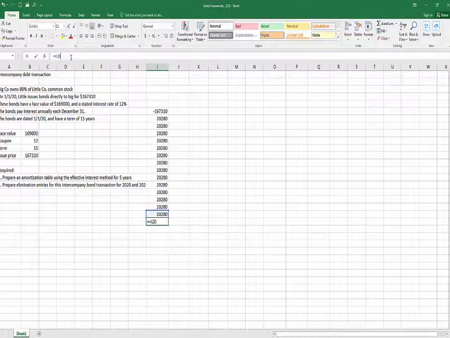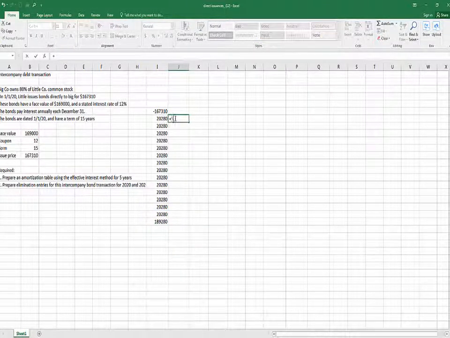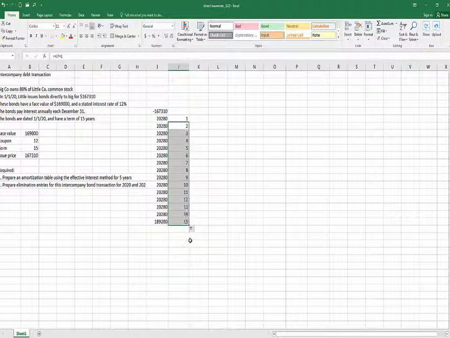And then at the 15th year, we have not only the interest, but also the principal being repaid. And let me just confirm that that's 15 years. Okay, so there's our 15-year term.